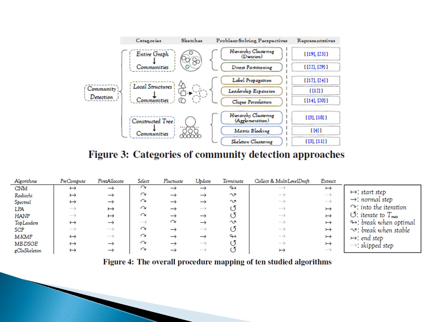From those categories, they chose 10 different algorithms to fairly represent their benchmark. Figure 3 shows some of the problem-solving perspectives of the existing methods they studied, and then the categories they broke them down into. Figure 4 shows the overall procedure mapping of the 10 studied algorithms.